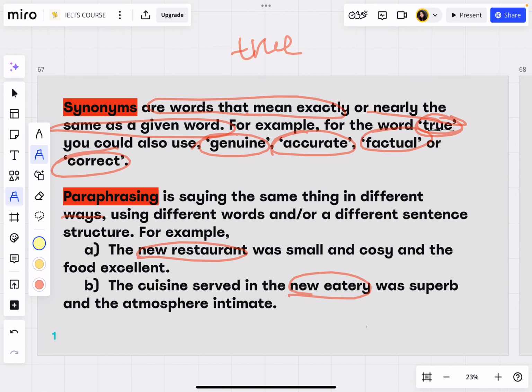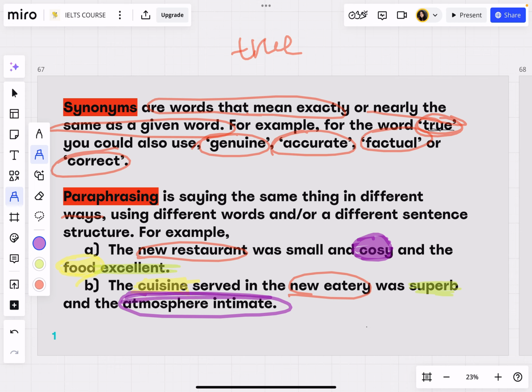Next, the food means cuisine. And was excellent became was superb. And cozy, it's about the atmosphere, so it is atmosphere intimate here.